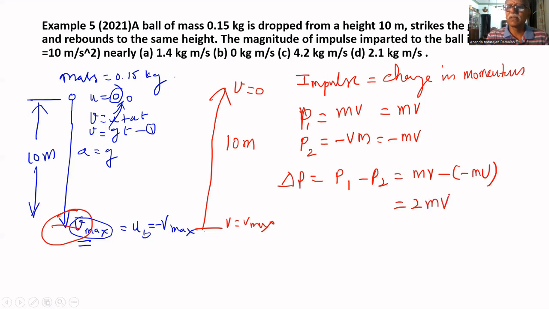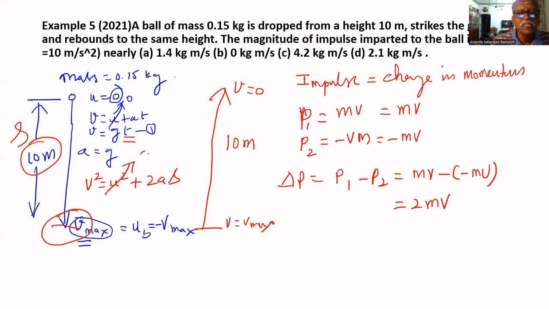Mass is given, velocity is not given. So we have to find the velocity. Here time is not given, but distance S is given. That's why let us use this formula: v square equal to u square plus 2as. This u, the initial velocity, is 0. That's why v square equal to 2 multiplied by a, that is g.